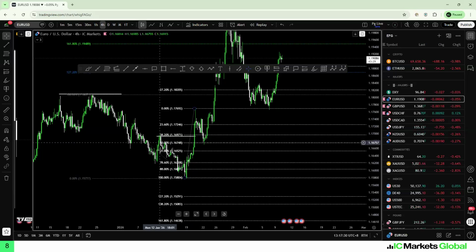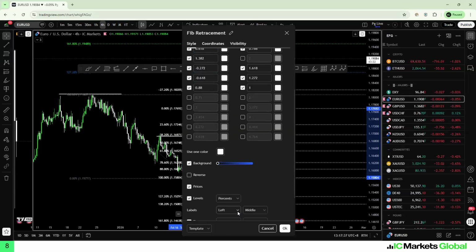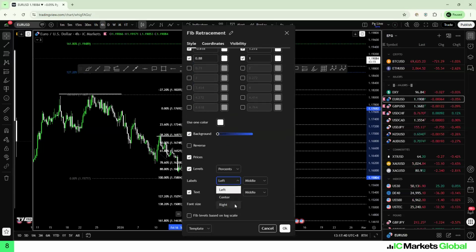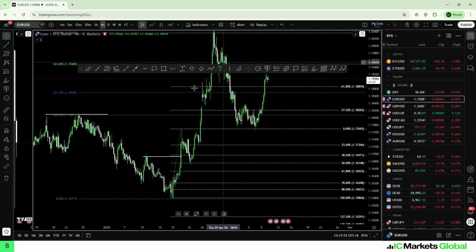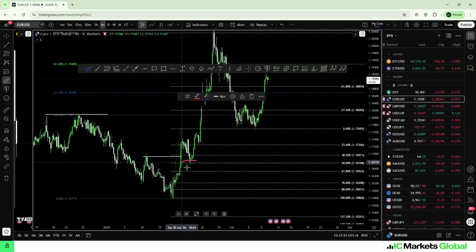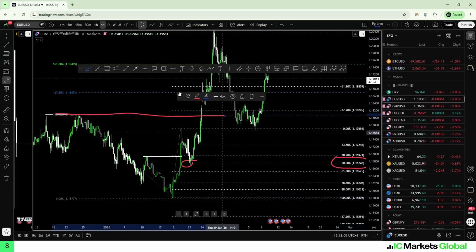Price had pulled back to this 61.8 or 50%. I'm going to put it here. You see that price has pulled back at 50% here, and then your first target is here.